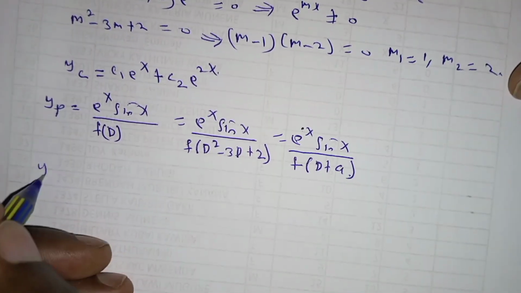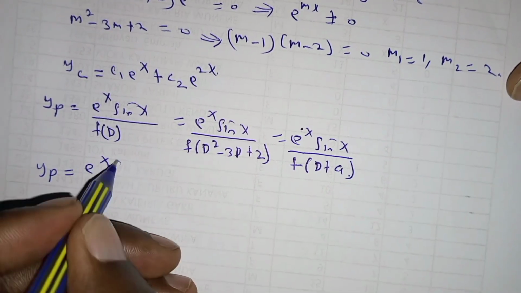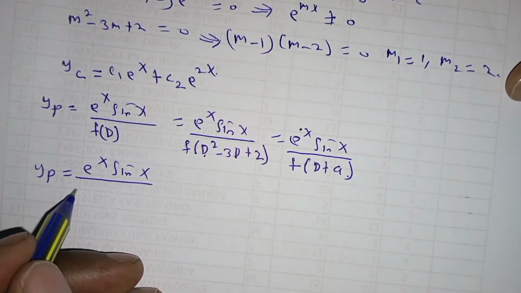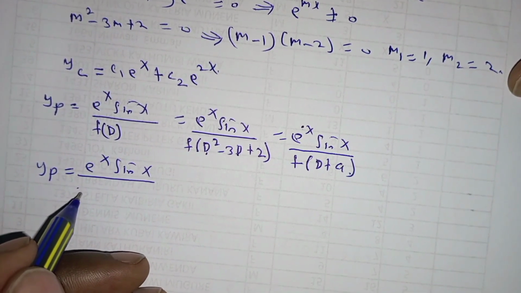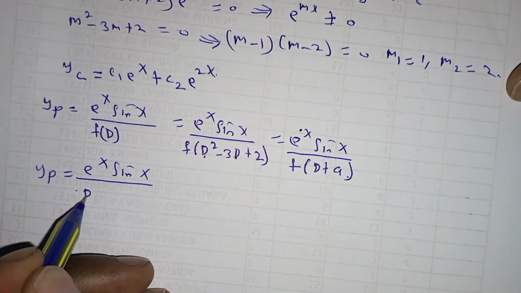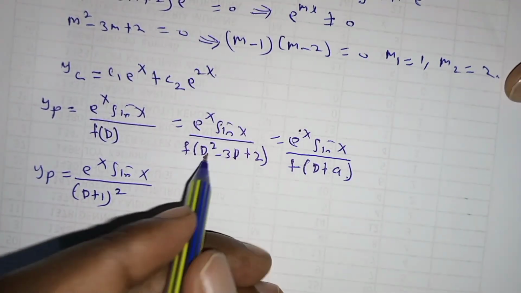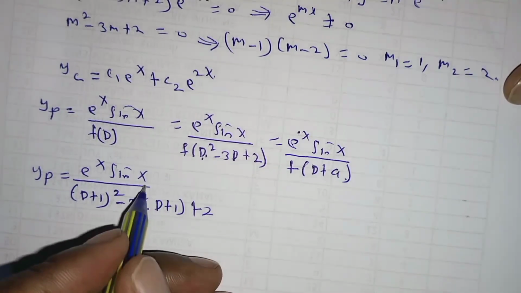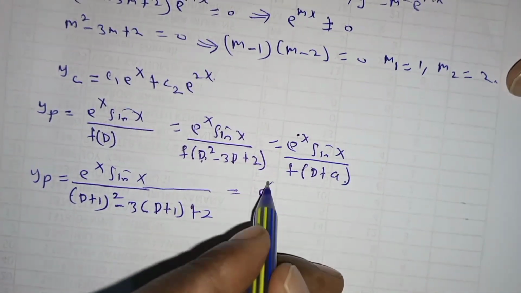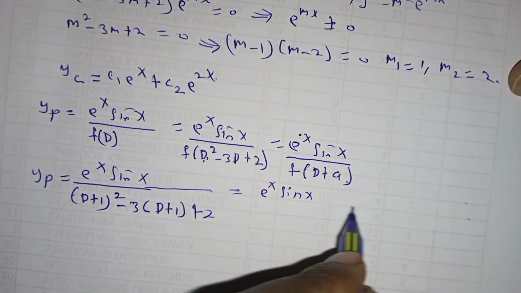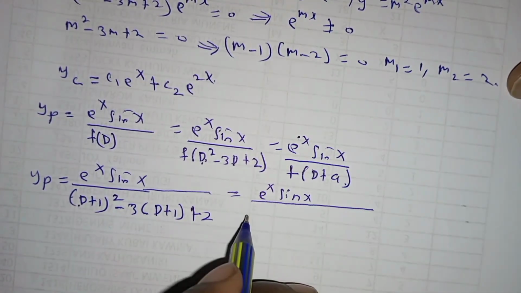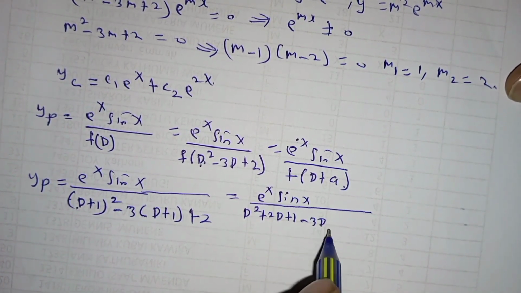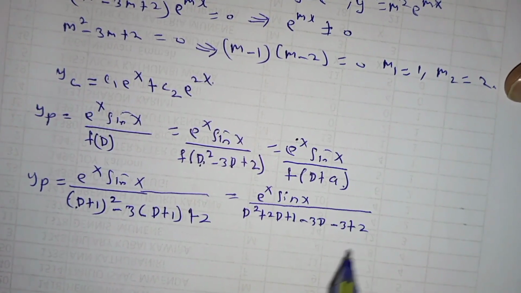So our yp will be equal to exponential x sine of x over, where you have d, we will have now d plus 1, then we square that part here minus 3 into bracket d plus 1, then plus 2, which is equal to exponential x sine of x, everything divided by, you square this part, which will give you d squared plus 2d plus 1 minus 3d minus 3 plus 2.